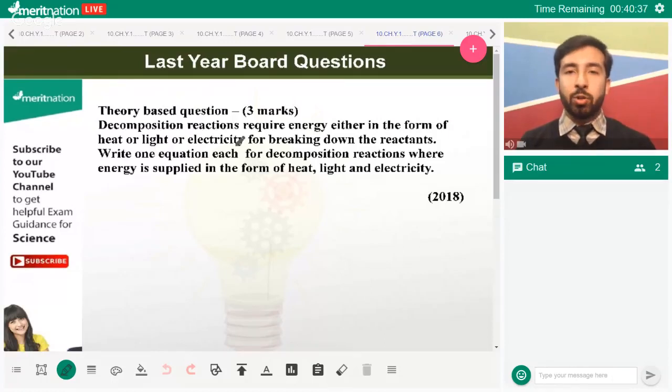As I already told you, decomposition reactions are those reactions in which breaking down or decomposition of a particular reactant takes place, and it provides two or more substances. Correct. So now let's discuss the example of thermal decomposition. Can you give me an example of thermal decomposition?